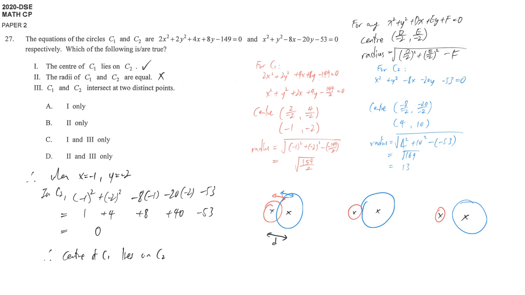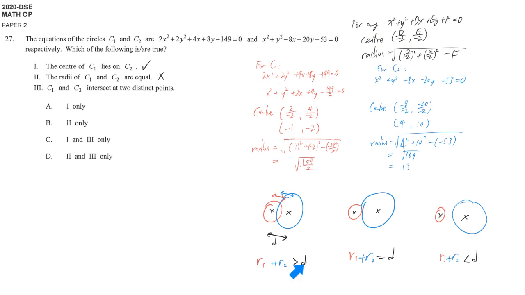So obviously, in this case, R1 together with R2 is longer than our distance. In this case, R1 plus R2 is equal to our distance. And finally, in this one, the two centers are too far away, such that the distance is larger than R1 plus R2.